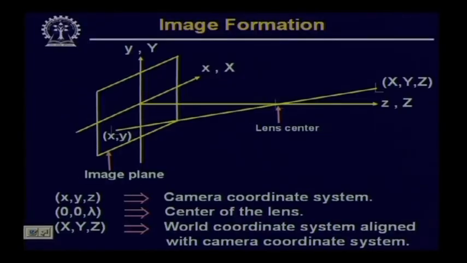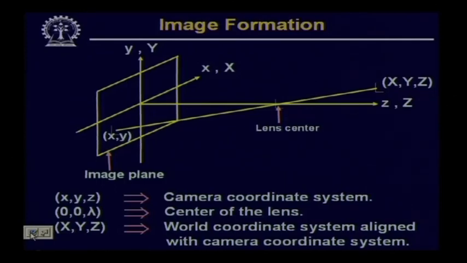Now, let us see what this perspective transformation is. Here we have shown a figure which is an approximation of the image formation process. Here you find that we have two coordinate systems which are superimposed one over the other.